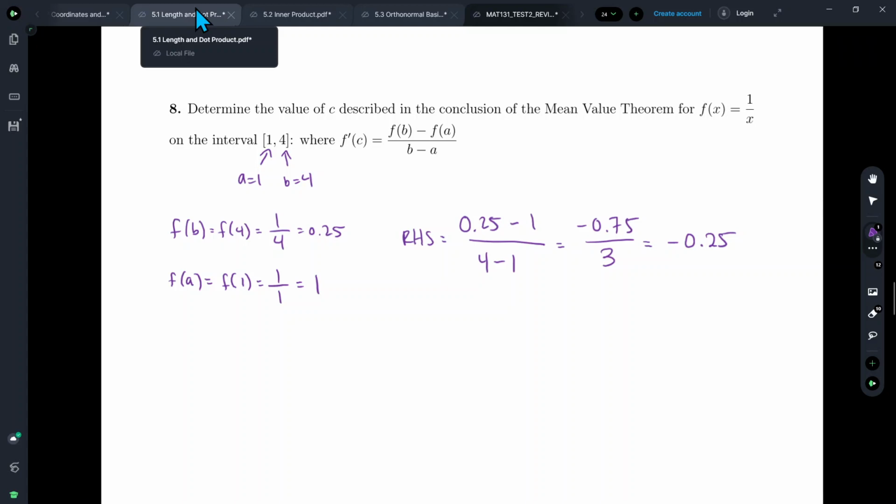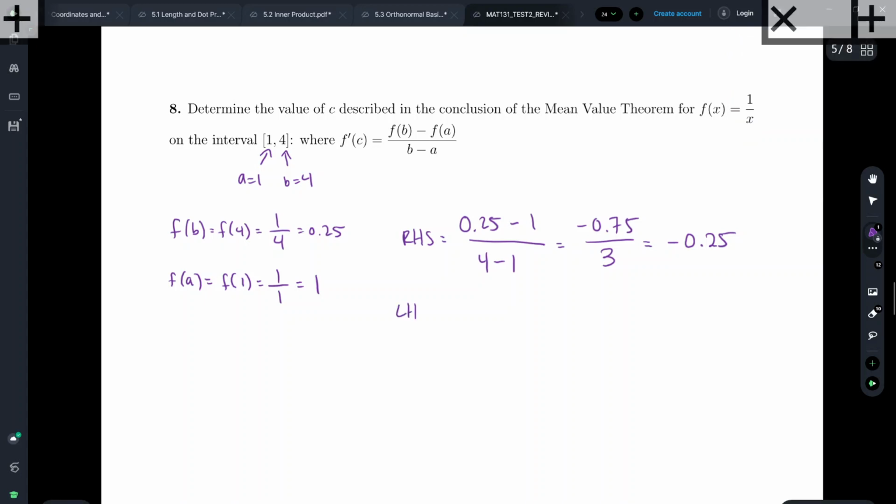Okay, so that's the right hand side of the formula, and now the left hand side is just the first derivative, right? So let's try to find the first derivative. So f prime of x, right? So here it's 1 over x. So, I mean, you can use the quotient rule, but the easier way is just to use the power rule, right?